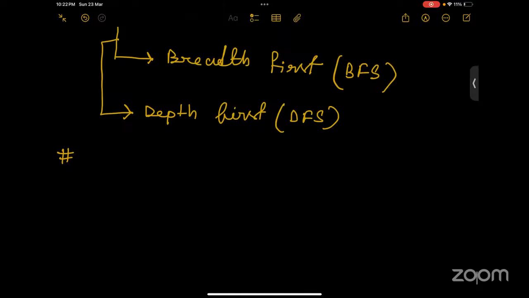So what is our aim? Our aim is to solve the reachability problem. That means we want to find the smallest path from a vertex to another vertex, and we can use these methods.